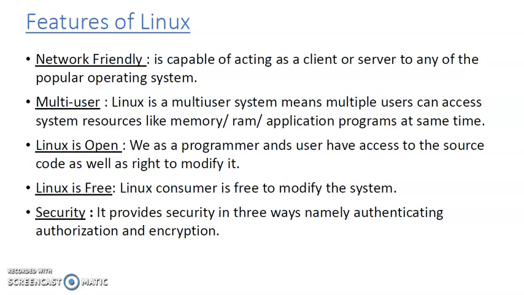Then the most important feature of Linux is what? It is security. Linux provides security in three ways: authentication, authorization, and encryption. Now, what is the exact meaning of authentication? Authentication means it confirms or verifies your identity.